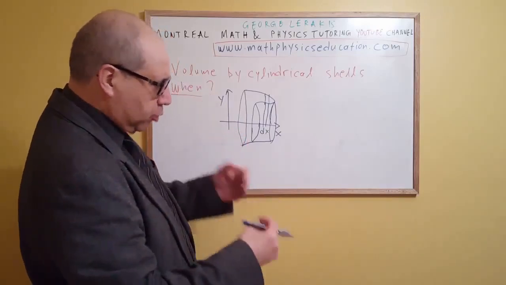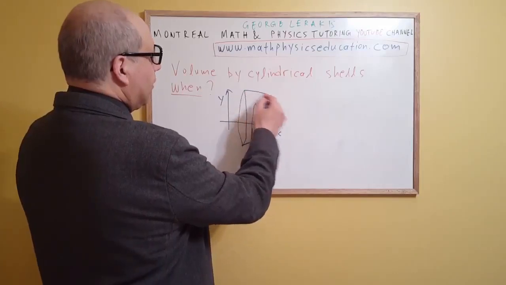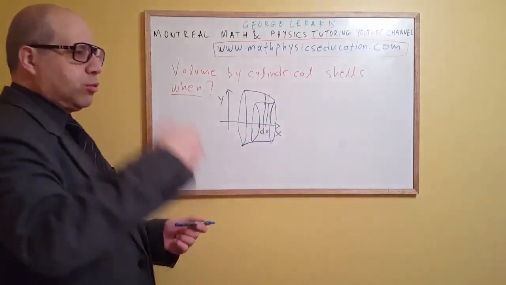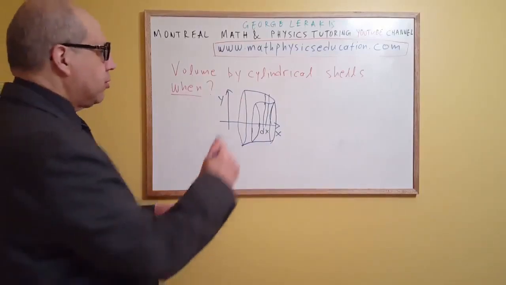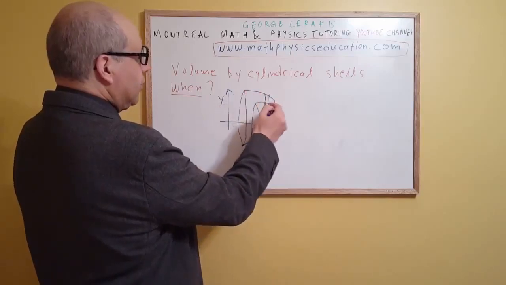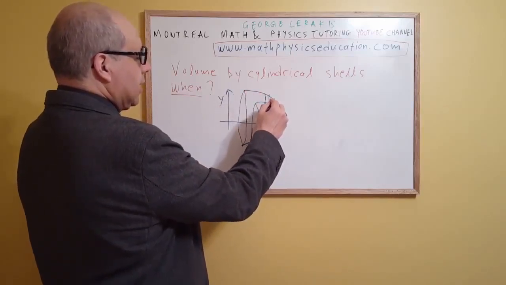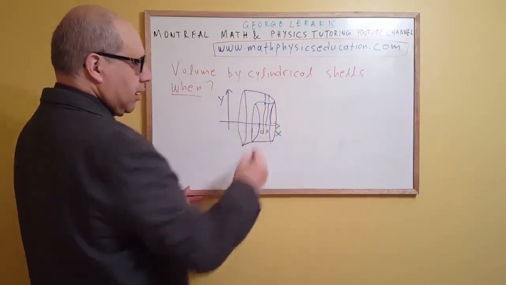Sometimes it's even impossible, because if you wanted to break it down and do it by the previous method, you would find the volume when you rotate this line, and then subtract the volume when you rotate this line here.